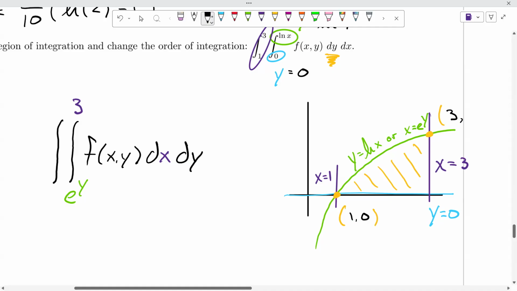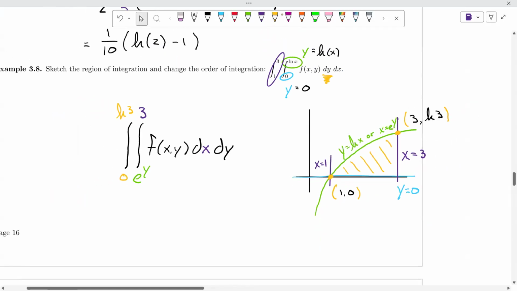This is at 3, natural log 3. So my y limits are 0 to ln 3. And they should be y values. And I just need to find my lower y value and my upper y value. Minimum y and my maximum y.